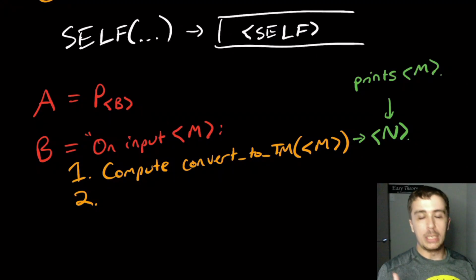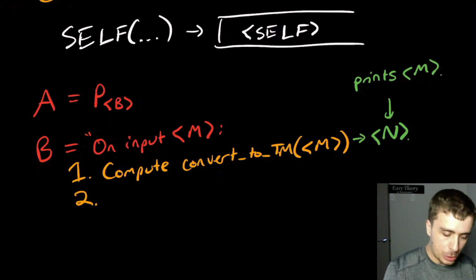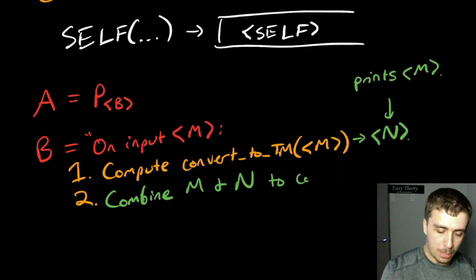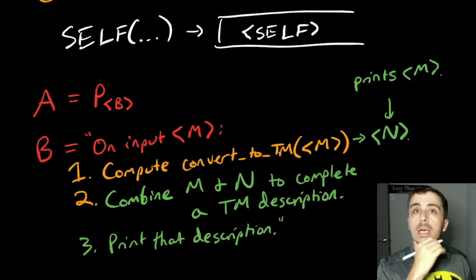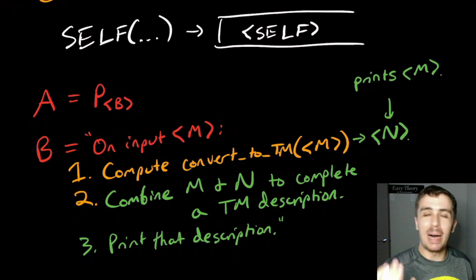So all we're going to do is combine M and N to complete a Turing machine description. And then we're going to print that description. So you may think, how does this possibly work? And we're going to work through why it actually works next.